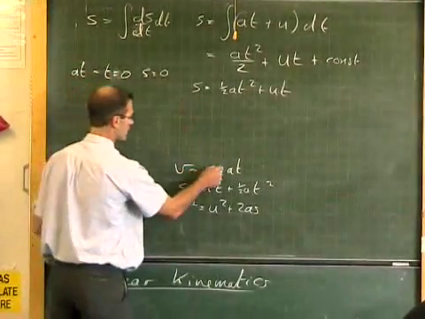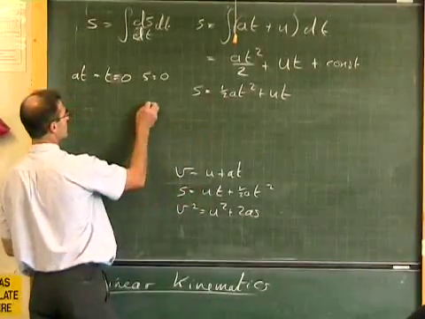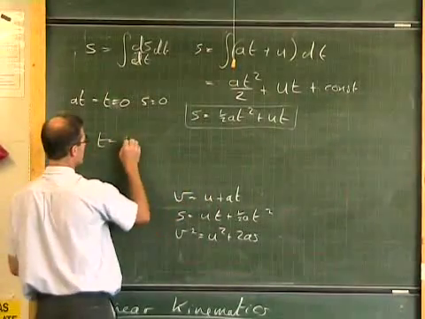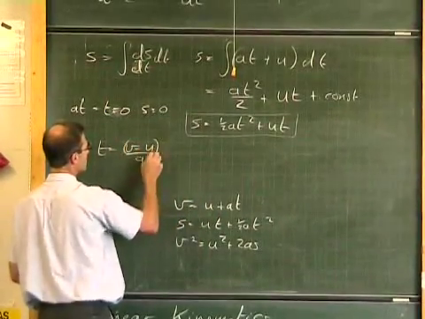The easiest way is to say, well, from this equation here, t is equal to v minus u over a.